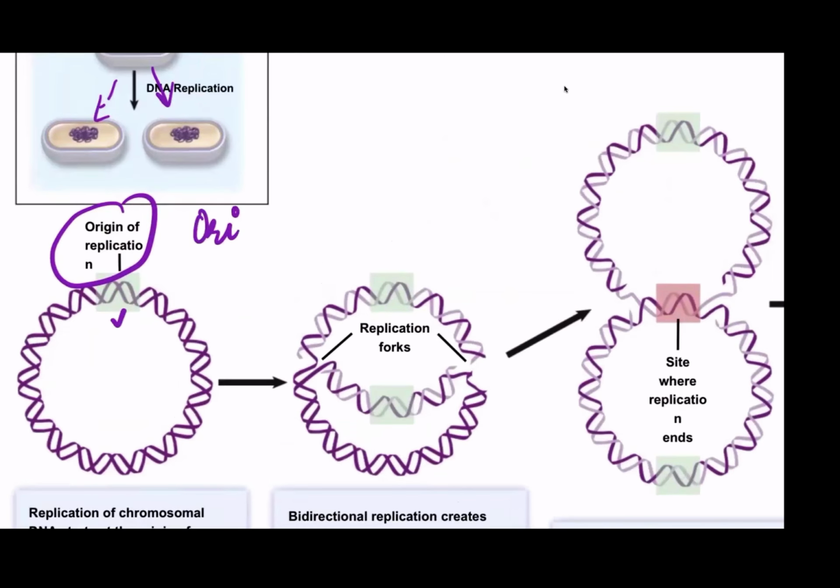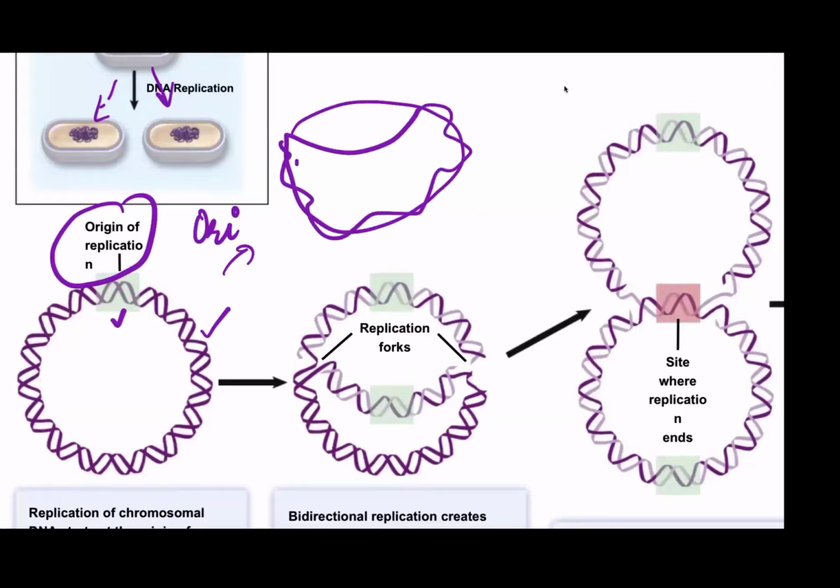And DNA opens up. For example, this is a circle, right? This circle opens up like this, and this is double-stranded. So one enzyme will go in this direction, one enzyme goes in the other direction. It's like a field you are running: you come here and you cover all that field, and you meet.